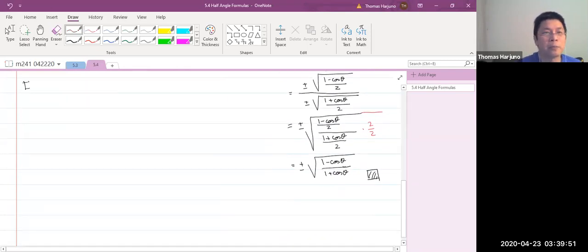Suppose, for example, we let cosine A equal negative 3/5, and A is in quadrant 3.